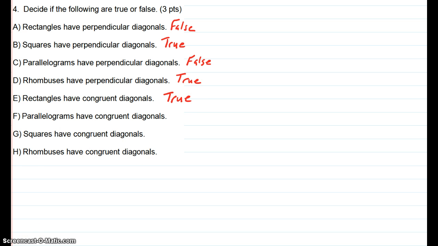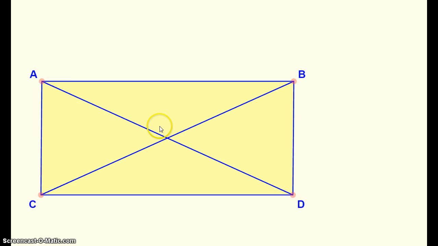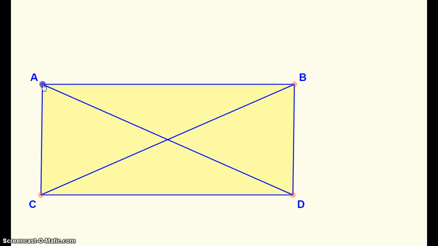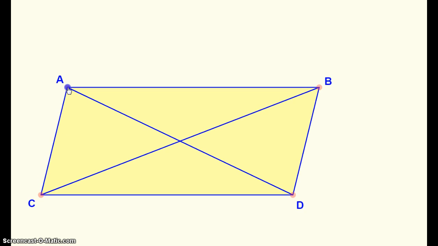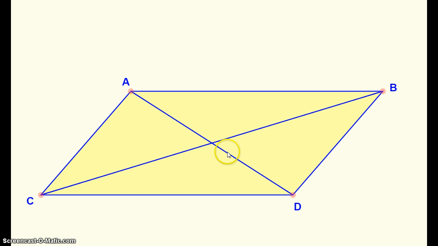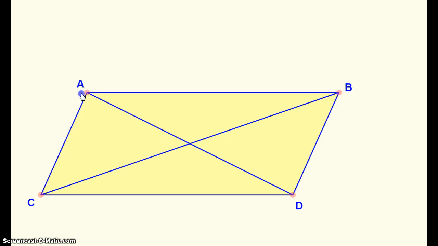Parallelograms have congruent diagonals. As we look at this parallelogram, it looks like it's a rectangle. Remember, a rectangle is a parallelogram. Let's start making this look more like a generic parallelogram. When it's a rectangle, AD and BC are equal. Now as I take A and move it this way, you can see that A is getting closer to D. But look what happens to B when I move it this way.